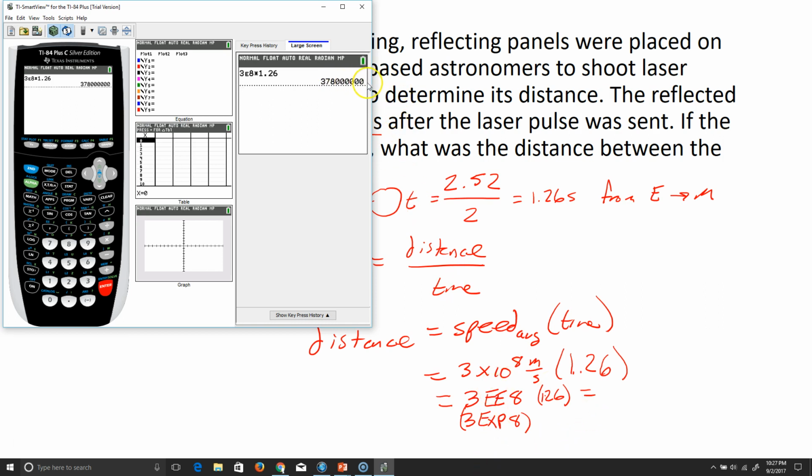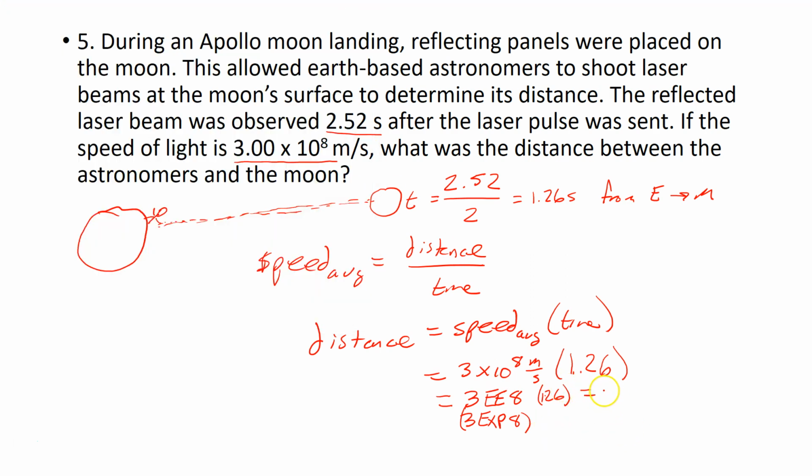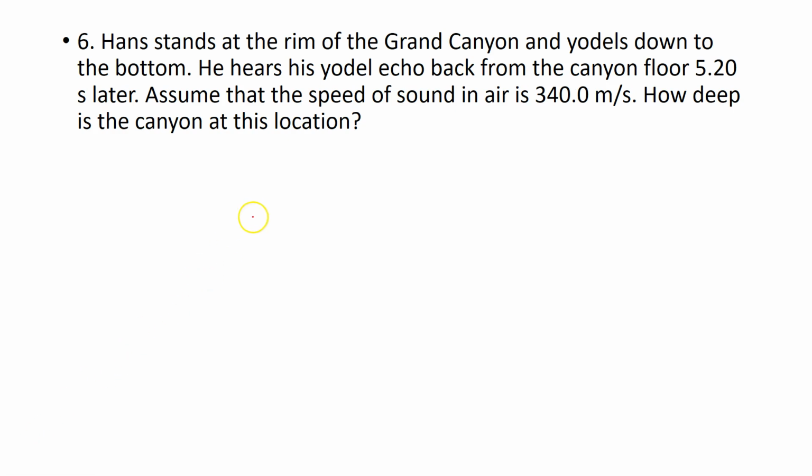If you start at the very end here and count back, there's 6, 7, 8. You want one number left of the decimal, so I'm going to put 3.78. So this final answer is 3.78 times 10 to the 8th meters. The only tricky part on this one is recognizing this is in scientific notation and then using your calculator correctly to do that. Next question.